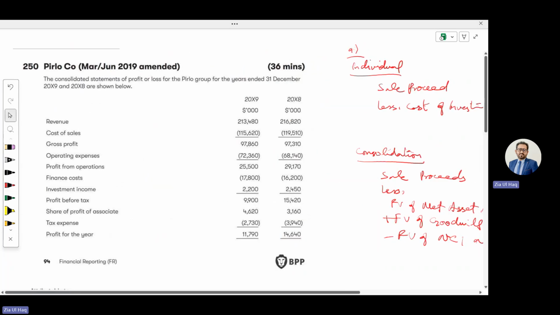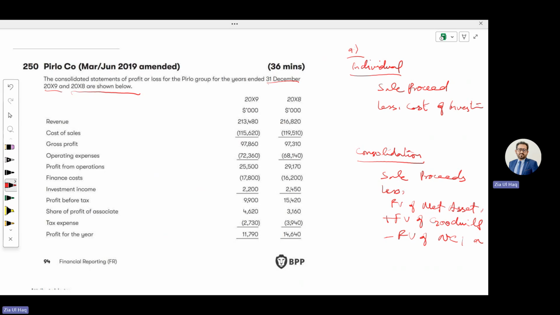So let's read the question. The consolidated statement of profit or loss for the Pirlo Group for the years ended 31st December 20x9 and 20x8 are shown below. Previous year and current year figures are given. Revenue and cost of sales for both years are given. Revenue has decreased, cost of sales decreased, gross profit increased.